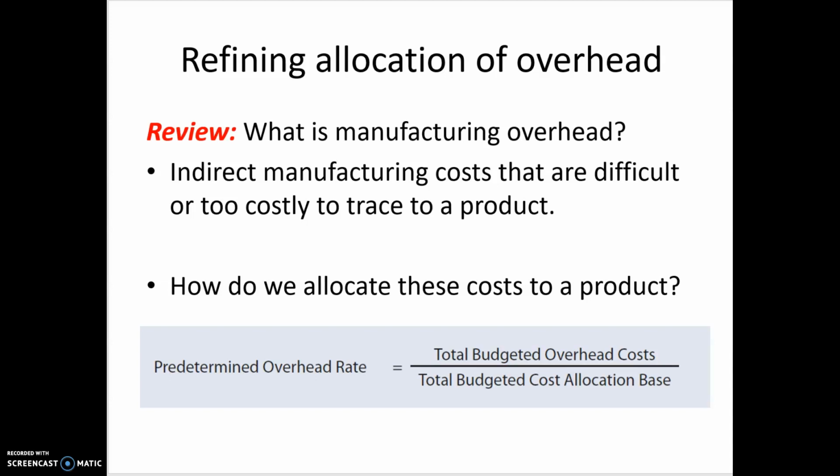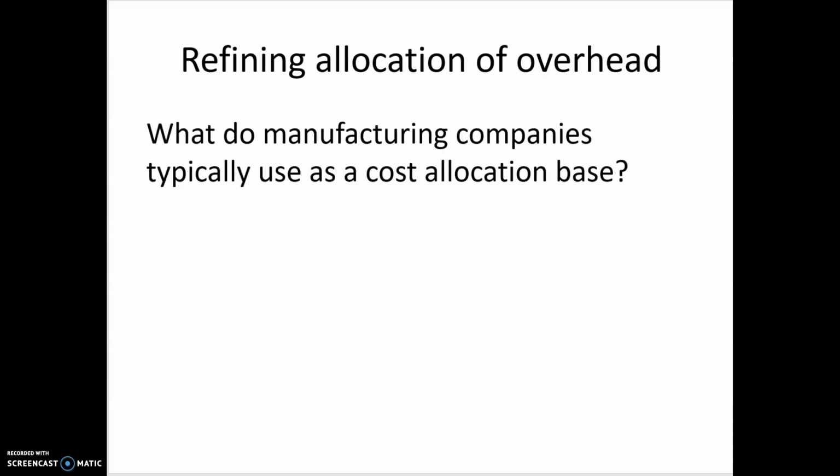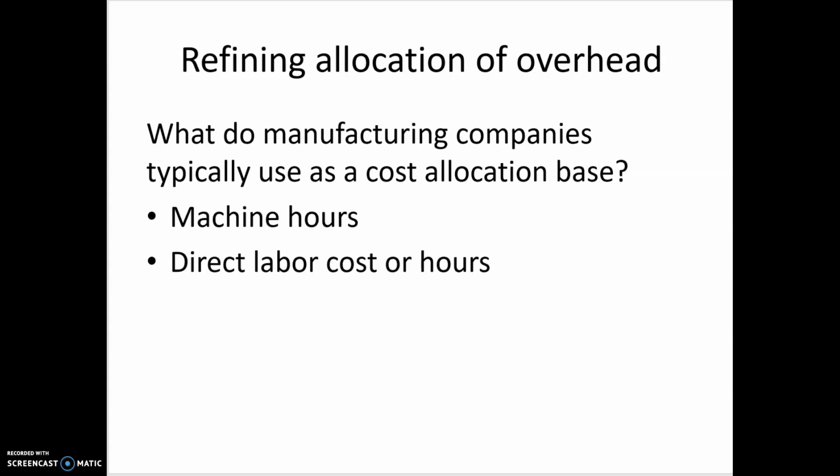So before the start of the period, we determine this overhead rate. We estimate the total manufacturing overhead costs, and we divide that by the total estimated allocation base. And so the most common allocation bases are going to be machine hours or direct labor hours.